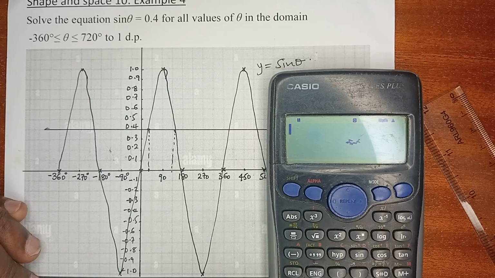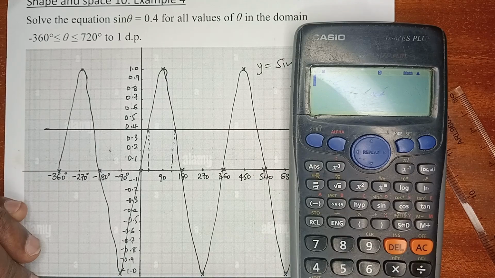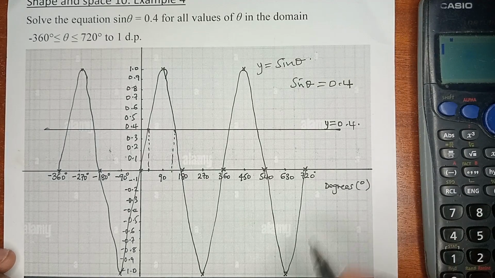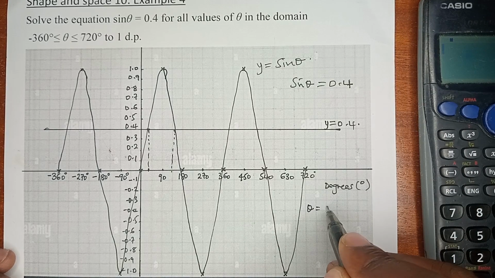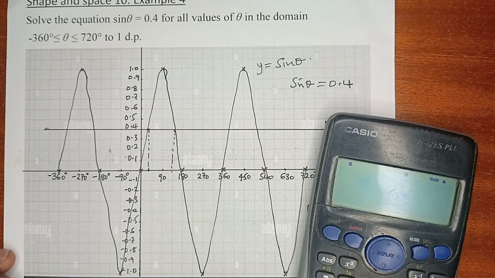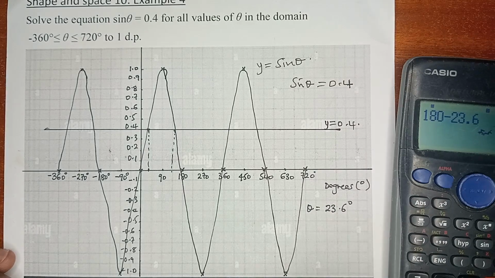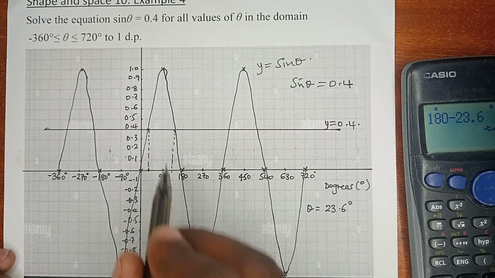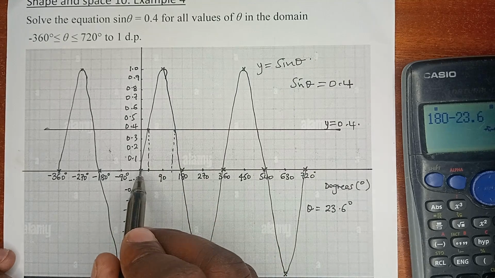So theta would be 23.6 degrees, and 180 minus 23.6 degrees, that is 156.4 degrees, from this point to this point.